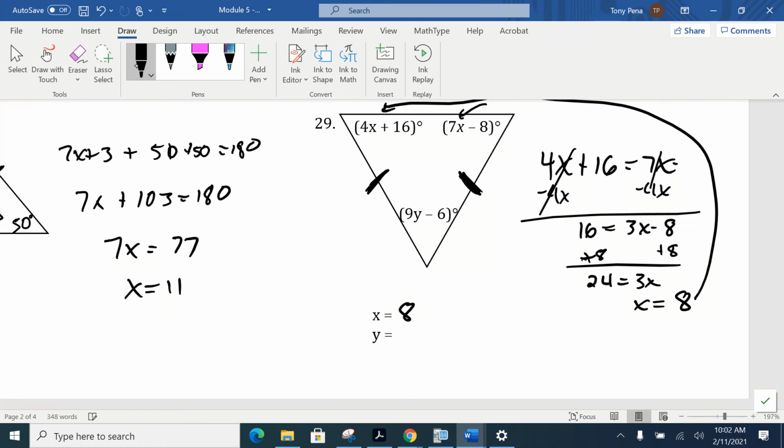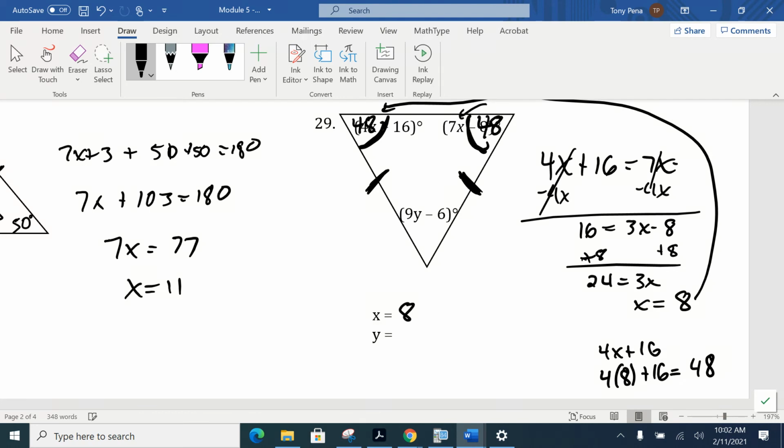So if I did now 4x plus 16, and let's let our x be the 8. This is 32 plus 16. That's 48. So what we find now is this angle here is 48. That also then tells us that this angle here is 48.